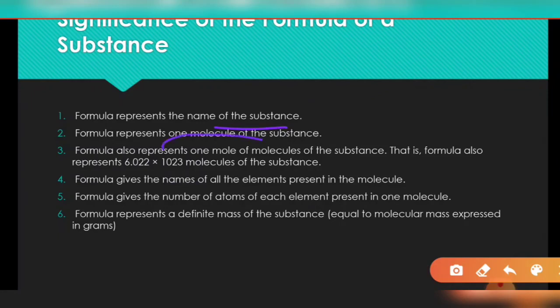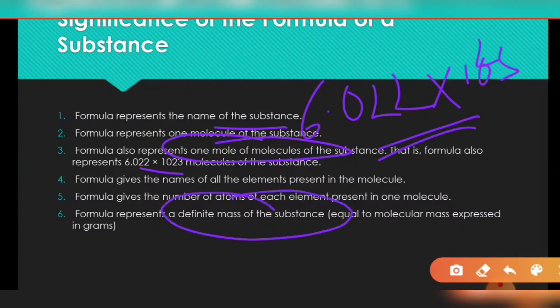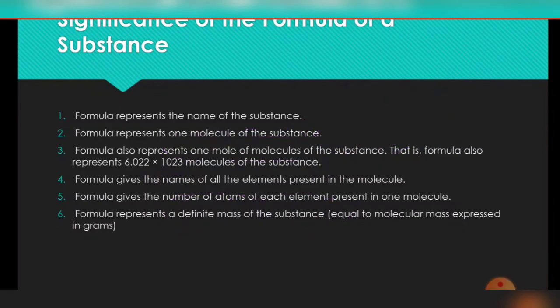Plus it also describes 1 mole of the molecule, which is equal to 6.022 into 10 raised to the power 23. It gives the definite mass of the substance. This is the main important significance of the formula of any substance.